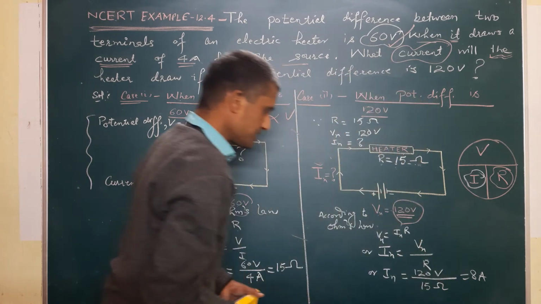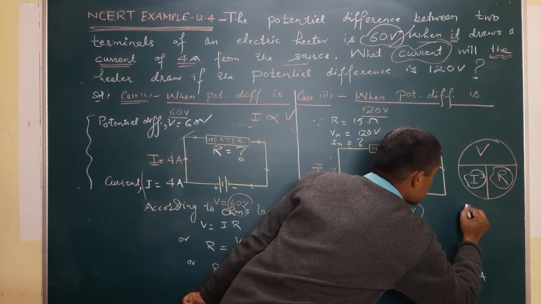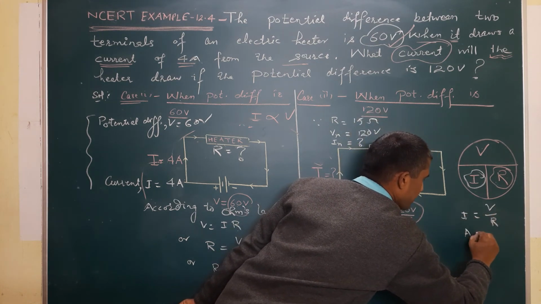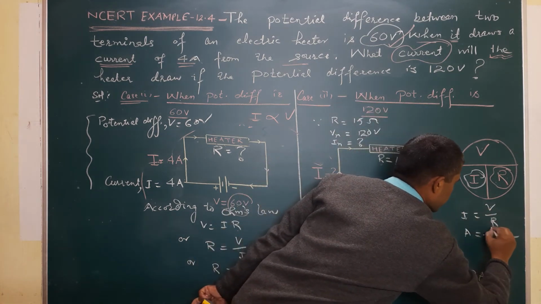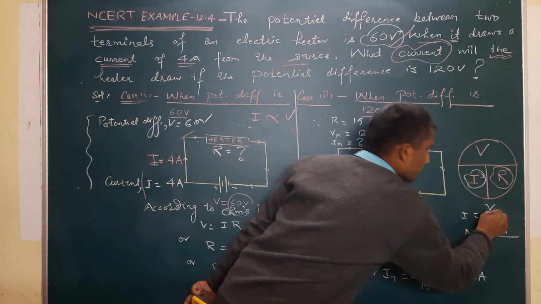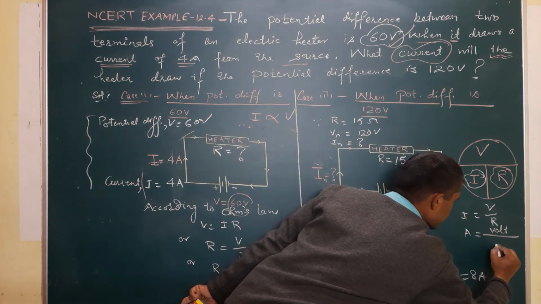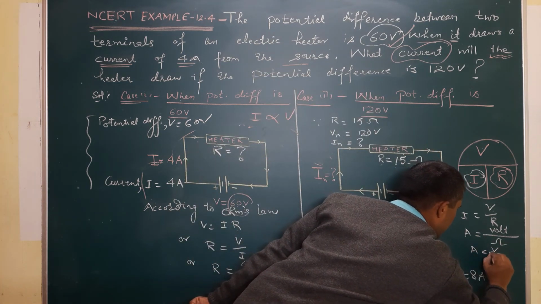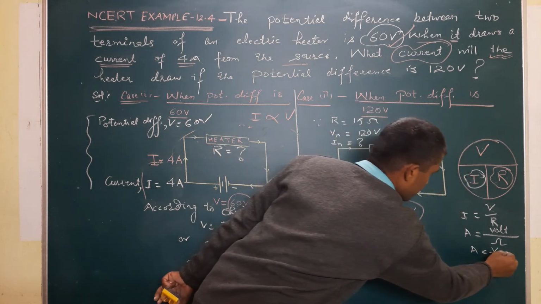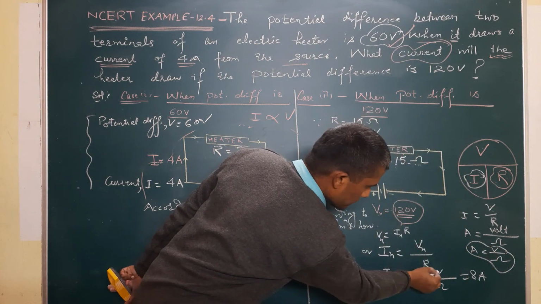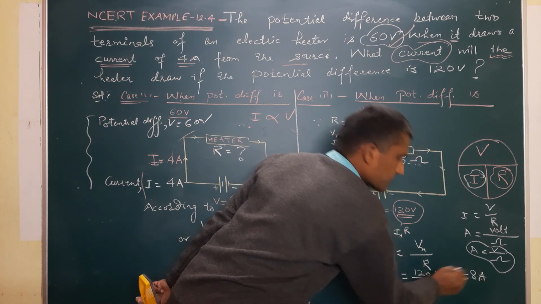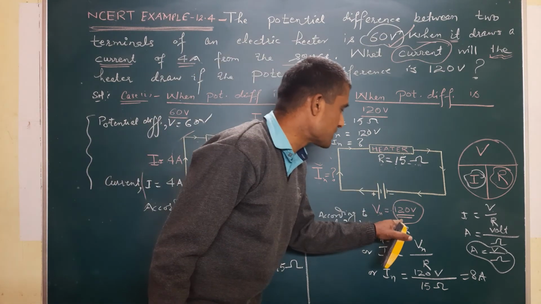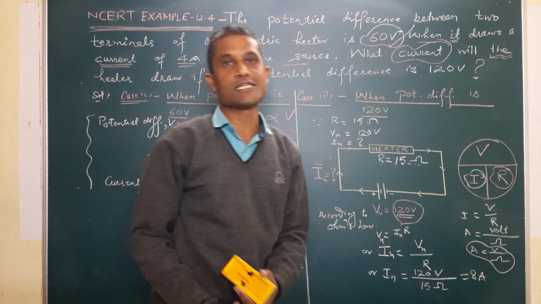Let me tell you how. Current I is equal to V upon R. The unit of current is ampere, the unit of voltage is volt, and the unit of resistance is ohm. So A is equal to V upon ohm. So the current flowing through that very heater when it is subjected to 120 volt potential difference is equal to 8 ampere.